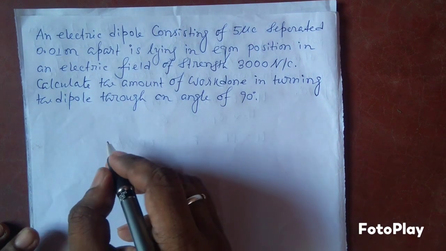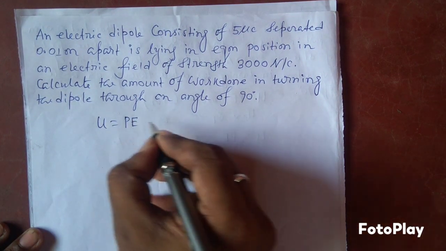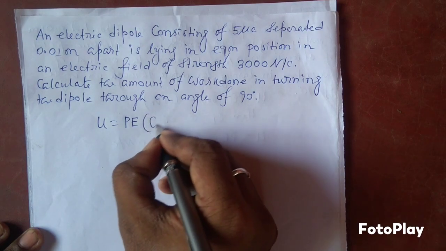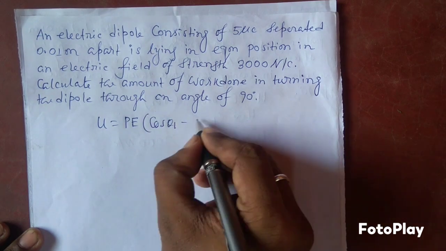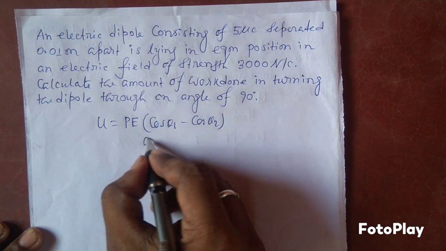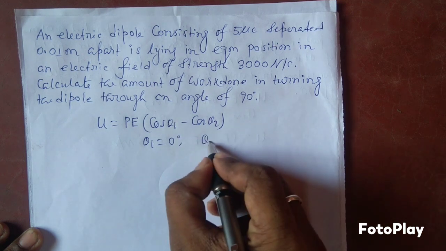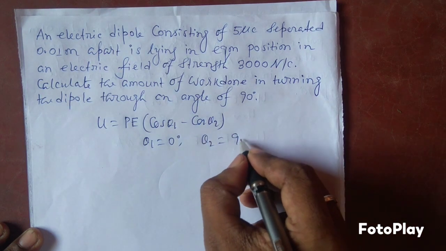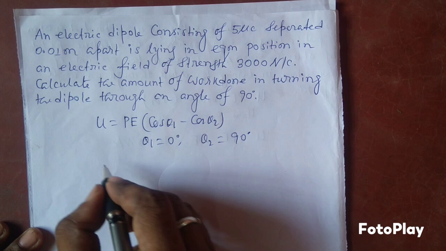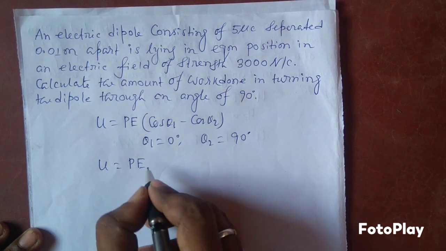Here U equal to PE cos theta 1 minus cos theta 2. Here theta 1 is 0 degree, theta 2 is 90 degree. So we need PE.